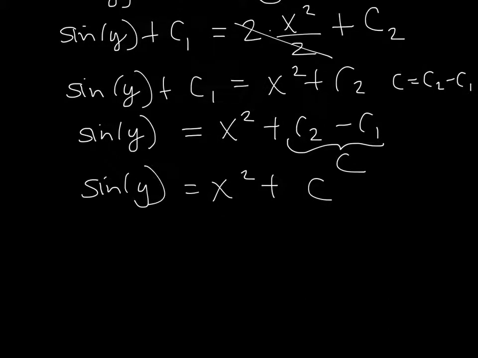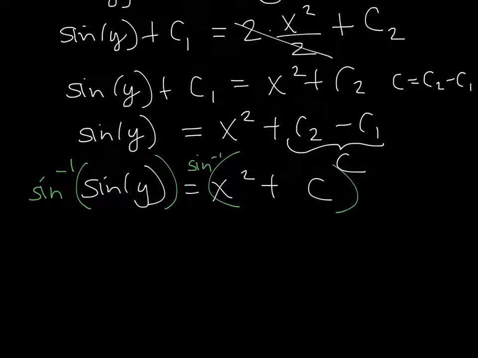So we want to solve for y, but I have sine of y. So in order to isolate this y, what's the inverse of sine? Well, the inverse is sine inverse. So sine inverse of this and sine inverse of this. So that's gone.